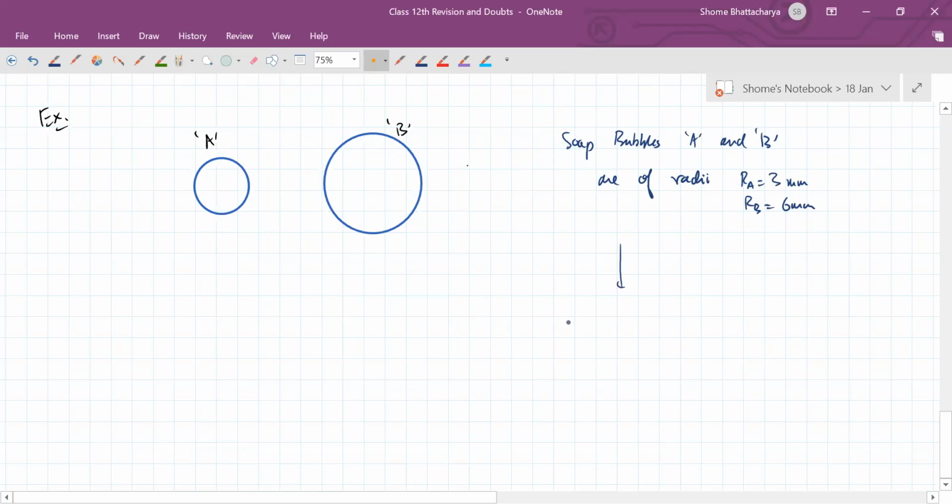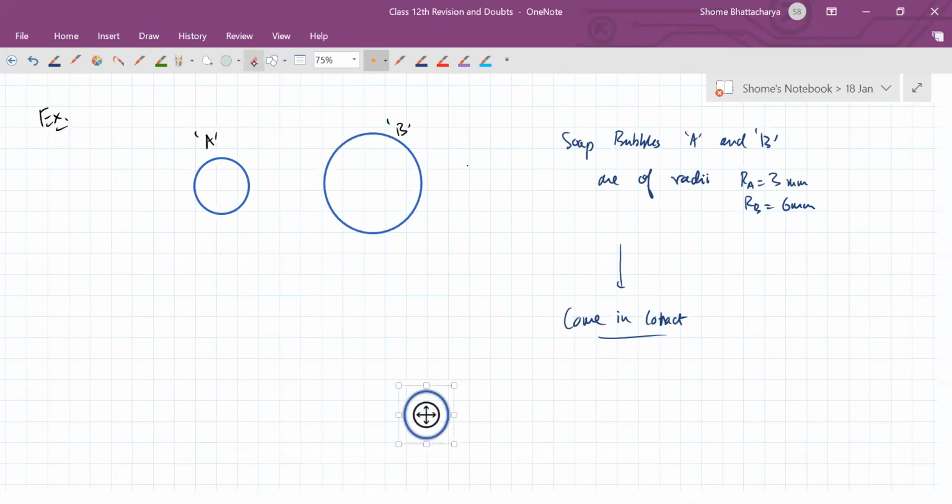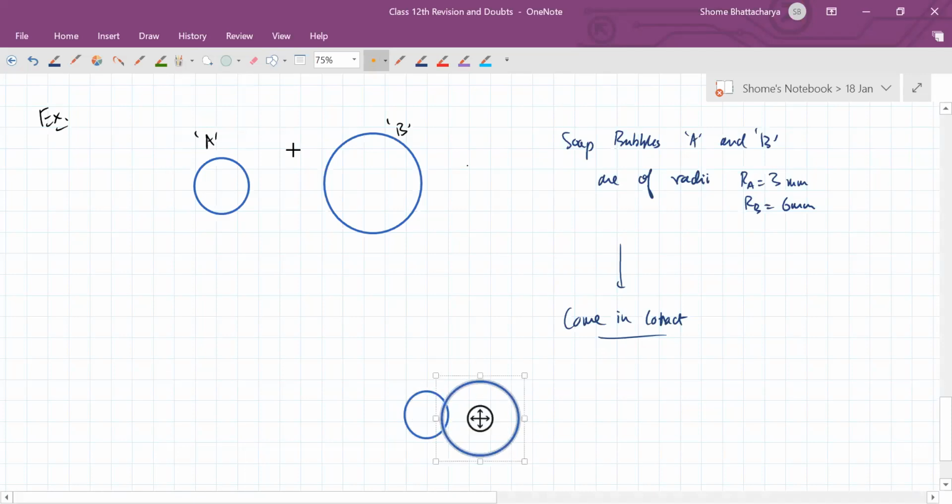Now they come in contact. When they come in contact, we'll assume that they do not break. So they come in contact here in such a way that they don't break.